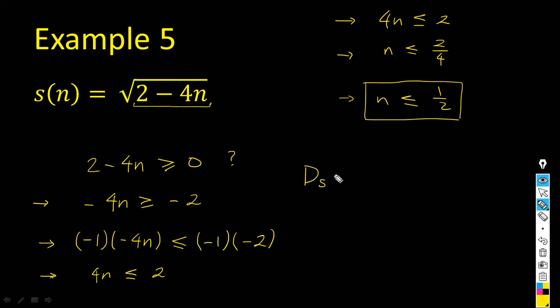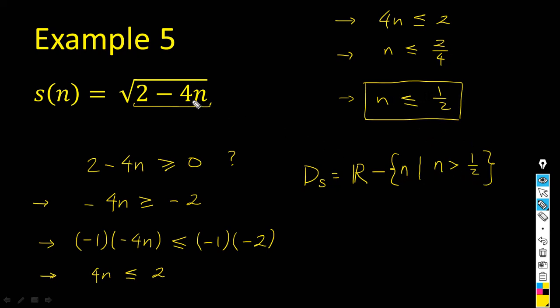The domain of s is equal to all the real numbers except those numbers n that do not respect this requirement. So the domain is all the real numbers except those numbers n such that n is greater than 1/2. Because if n is greater than 1/2, then n would not be complying with this requirement, and so we want to kick those numbers out.